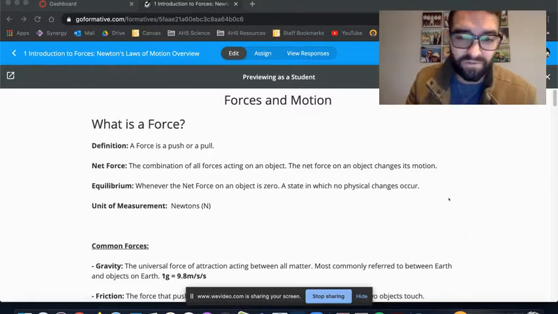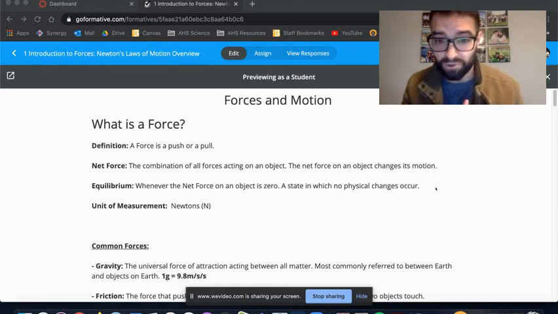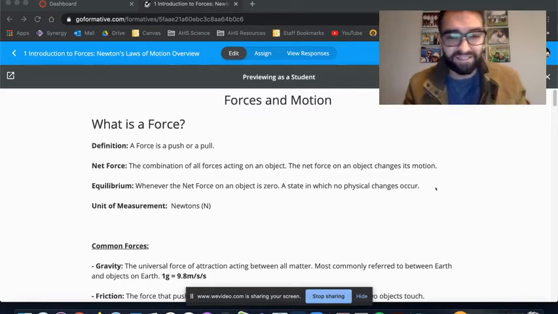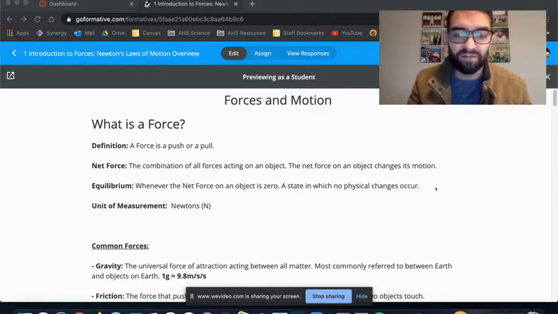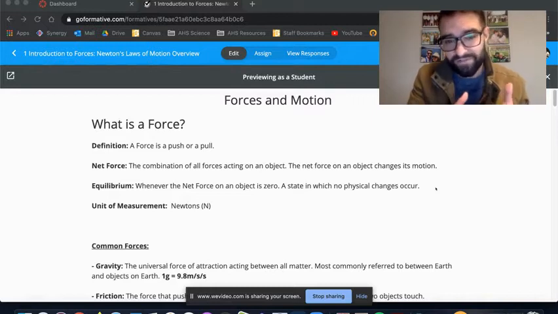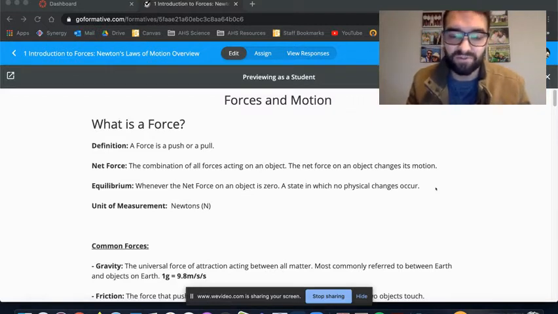Getting started with Quarter 2, we are transitioning from motion, where we talked about velocity, constant acceleration, and distance and time, and how that all related. Now we're really going to be talking about forces, but we're going to learn that forces are really related to motion.